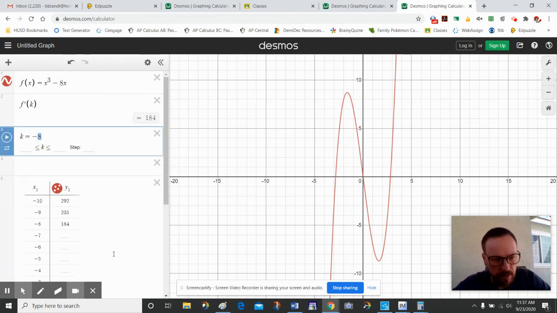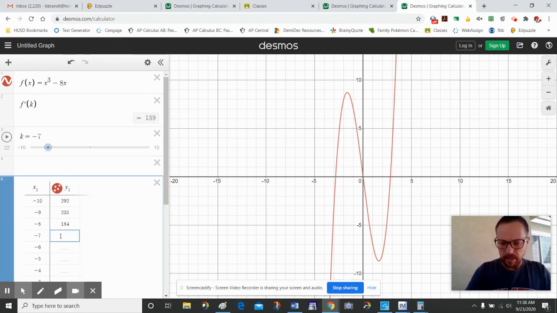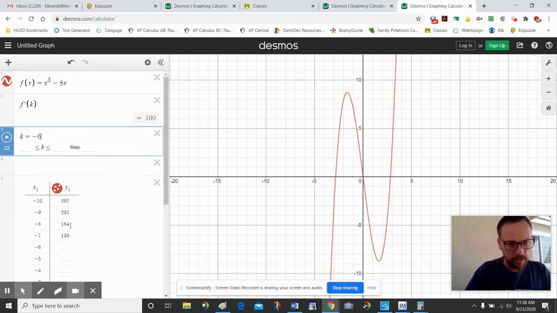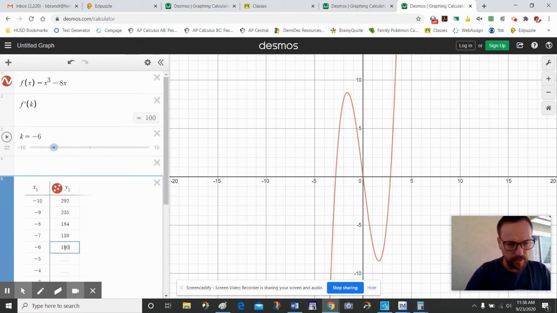And so what happens is all these values over here, before this point, the slope is positive and it's very, very steep. I mean, these are slopes. This is up 292 over 1. Very steep stuff. And as we keep going, we're going to see that it's flattening out. These are still very steep, but they're getting flatter. And so -6 is 100.